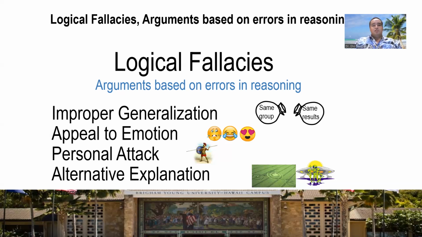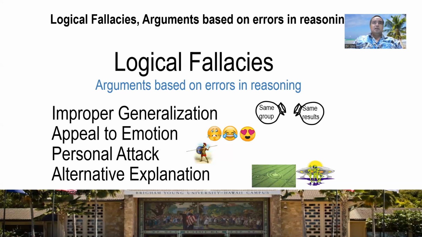An appeal to emotion, that's when you say something like, if you love me, you'll do this for me. It really may have very little bearing on what it is that you're saying. Or if you hate this person, you must do that. You're appealing to emotion to try to come up with a reason for something rather than a rational approach to it.